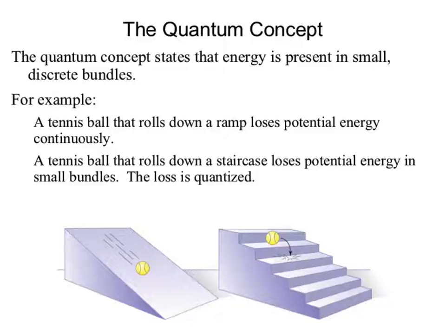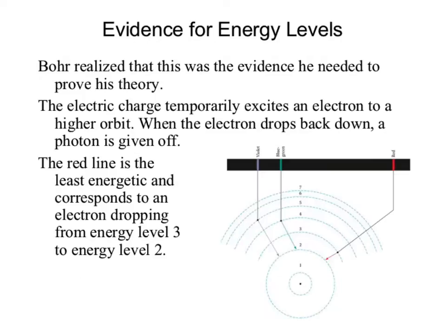Could it have jumped 2 or 3 steps? Yeah, why not? Each of those transitions corresponds to a different wavelength. That wavelength can be visible or it could be invisible. But it is those wavelengths that Bohr used to predict his model, and that's why we end up seeing the atomic line spectrum.